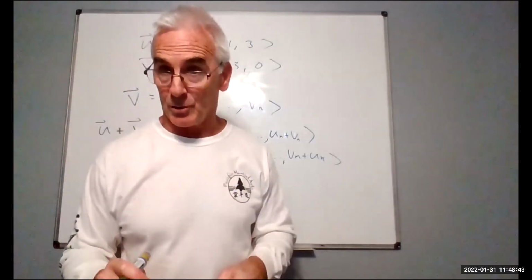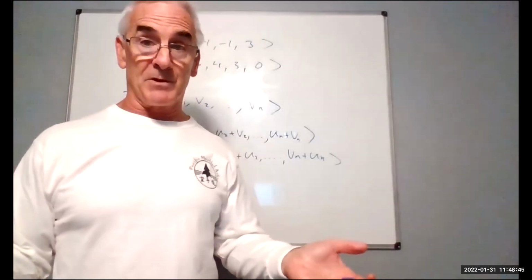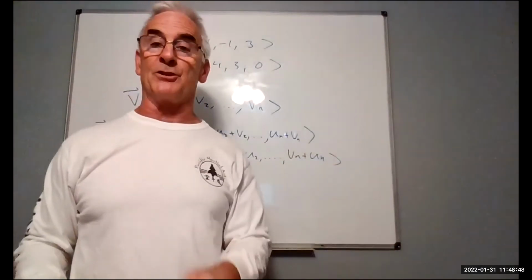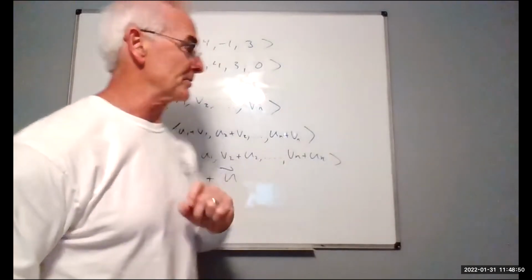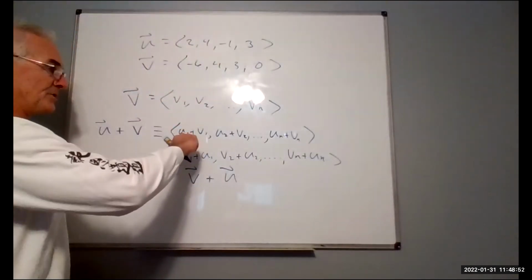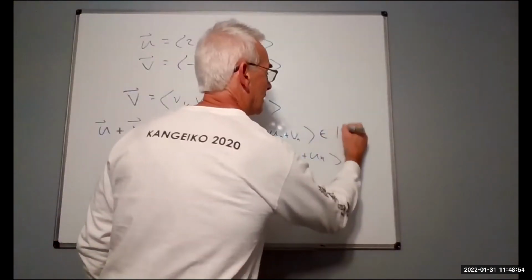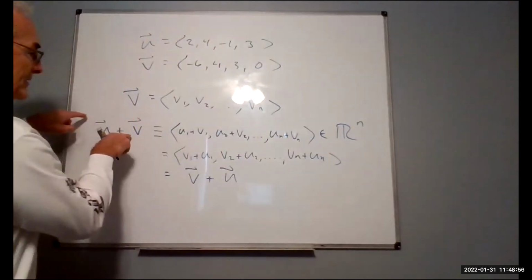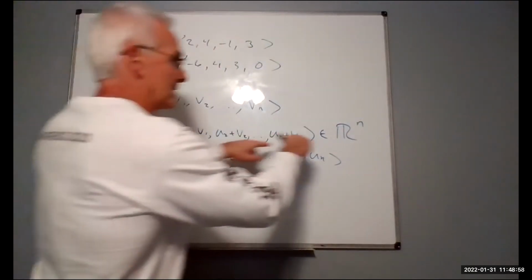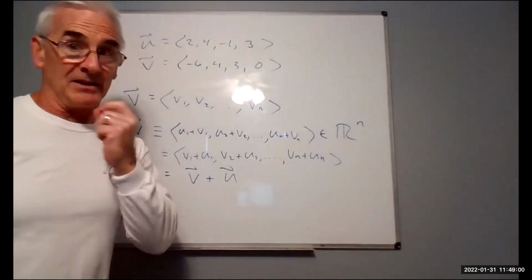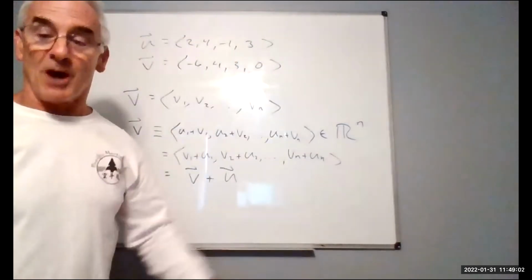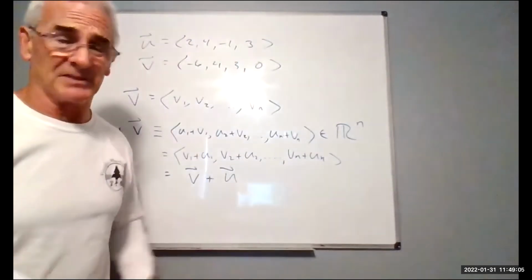Vector addition is closed. If I add two vectors of the same dimension, I will always get back a vector in that dimension, because of the definition of vector addition. I took two vectors in Rn, and when I added them together, I got back a vector in Rn. That is huge. That's astronomically important. It's simple, but it's important.